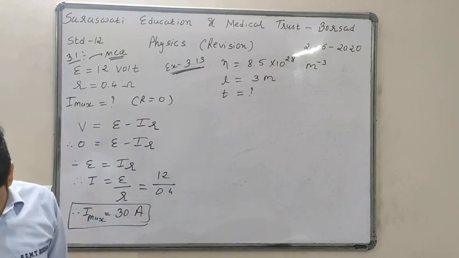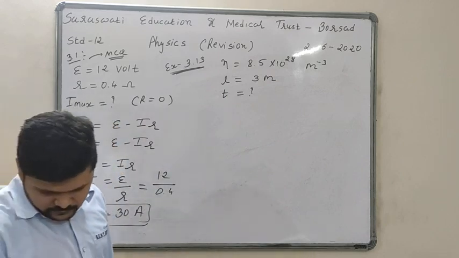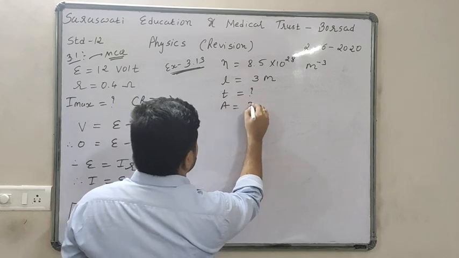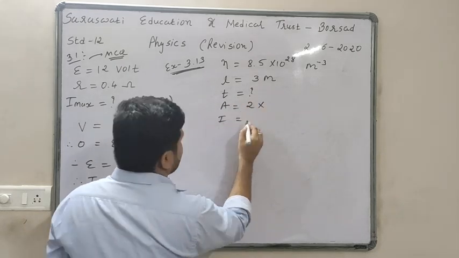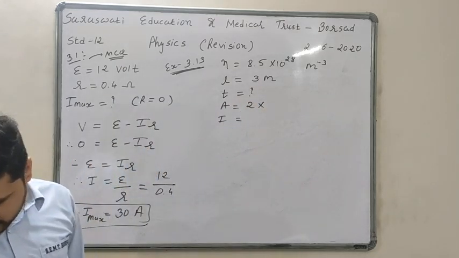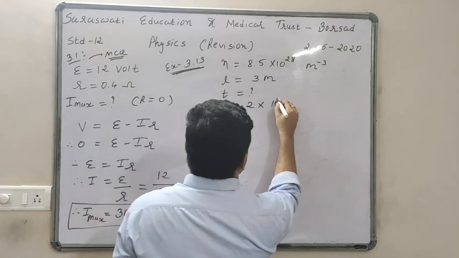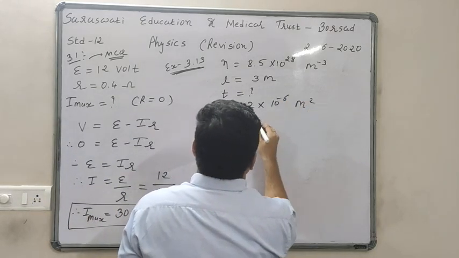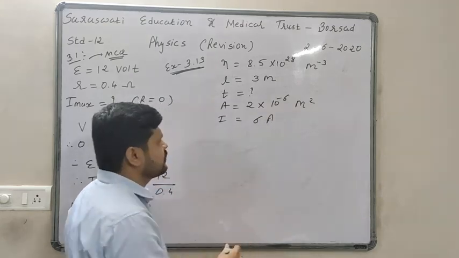We are also given area and current: area is 2 into 10 raised to minus 6 meter square, and the current is, sorry, 3 ampere.